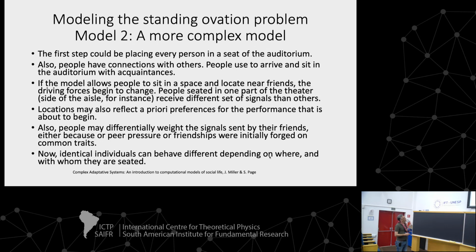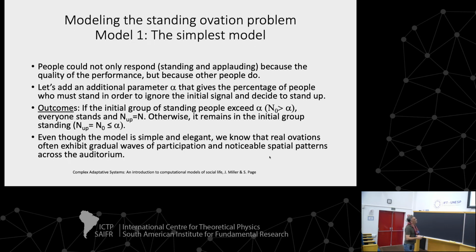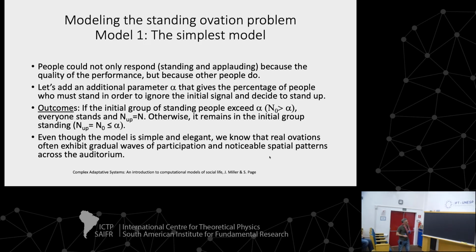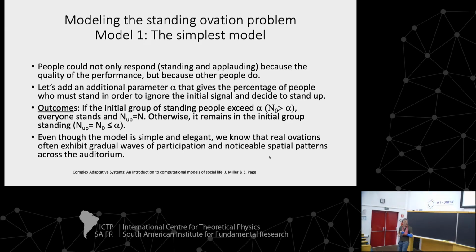So, let's add a parameter alpha, that gives the percentage of people who must stand in order to ignore the initial signal and decide to stand up. So our model is here. If the initial group of standing people exceeds this threshold, then everyone stands and the whole audience gives a standing ovation. Otherwise, it remains at the initial group that stands.